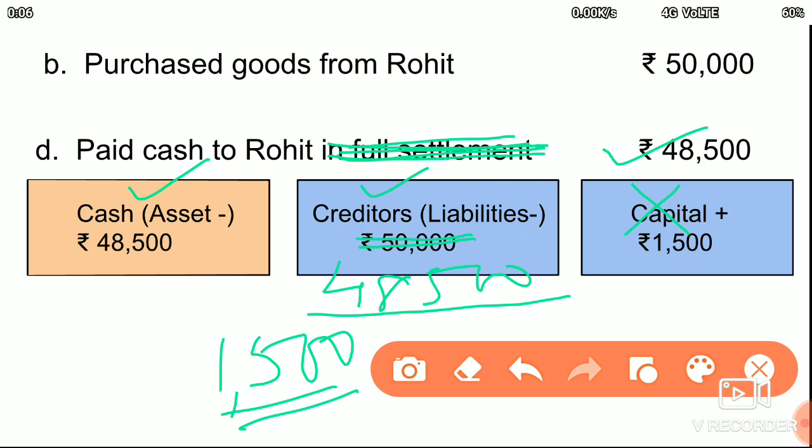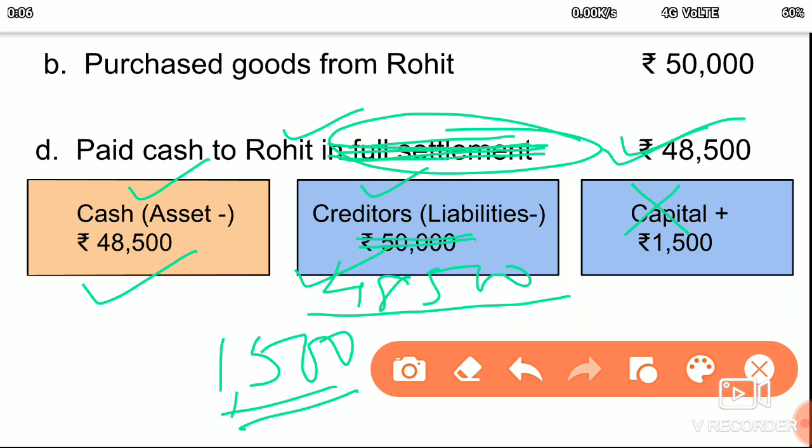So if we have to show the effect in the accounting equation, if the transaction says that paid cash to Rohit rupees 48,500 and they don't mention the word fully settled, then in that case the effect will be cash will decrease by 48,500 and the creditors also will decrease by 48,500. But that is not the case here.